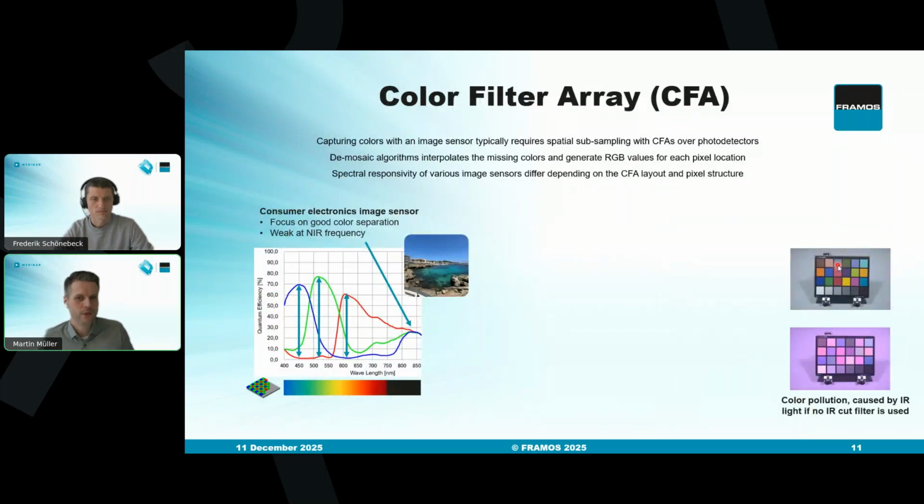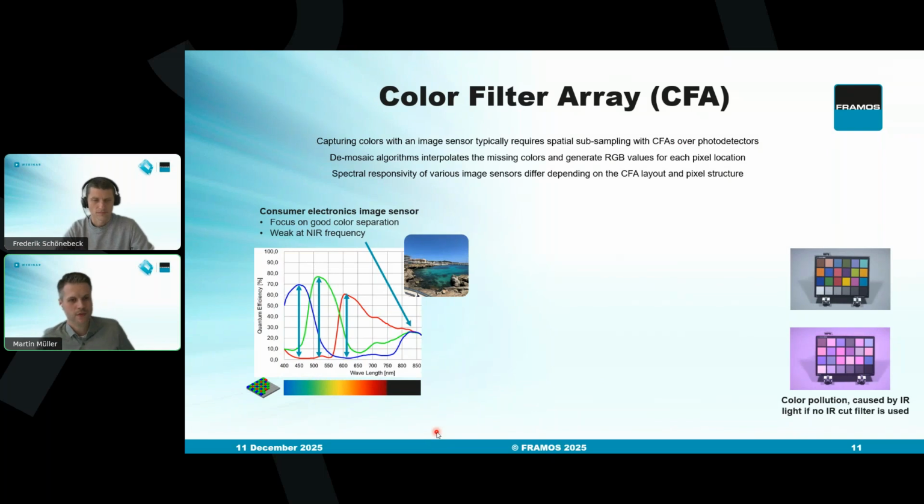So the quantum efficiency shown on the previous slide was just for monochrome pixel photon detection. But on color image sensors, on top of the photodiode we have a microfilter called the color filter array. Its purpose is for the post-processing algorithms to interpolate the Bayer pattern, so red, blue, and green, to the final processed colors.